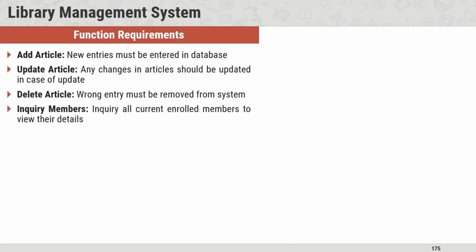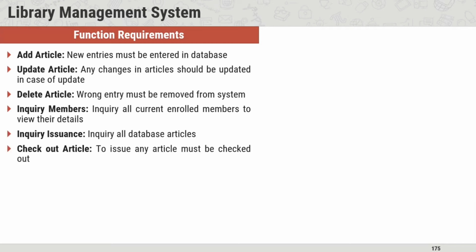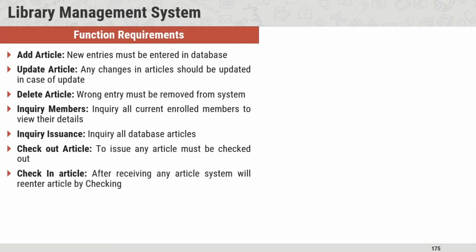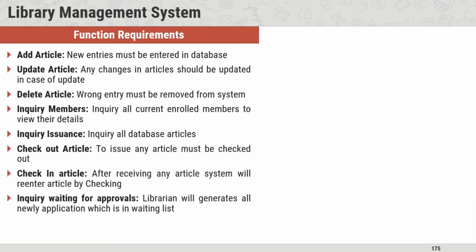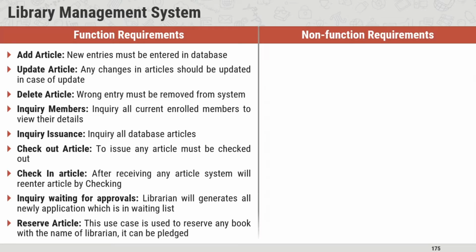Inquiry of all currently enrolled members should be displayed if we want that detail. Inquiry insurance, it should check out the article, it should have a facility for check-in of the article or books or any kind of journal or any kind of things. Inquiry waiting for approvals and reserve articles.